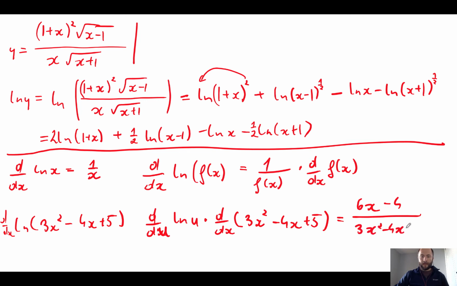minus 4x plus 5. So more generally, whenever I'm dealing with, again, d/dx of ln of y of x, when I'm dealing with a derivative of a function, the result of that derivative is going to be 1 over the function multiplied by the derivative of the function itself.